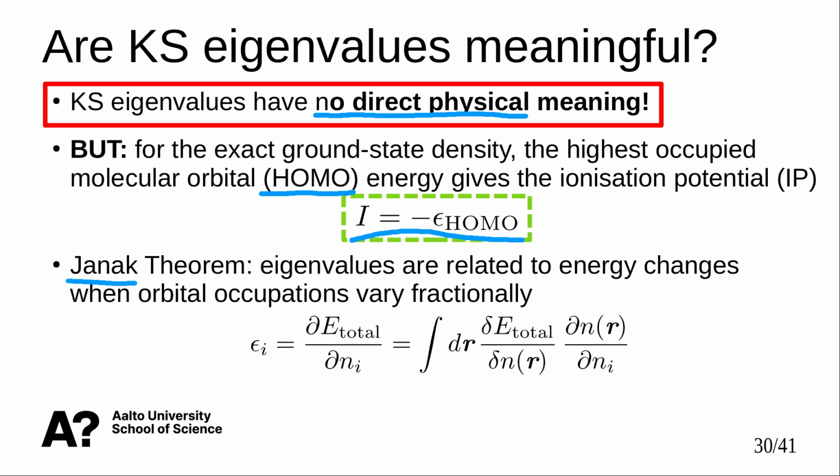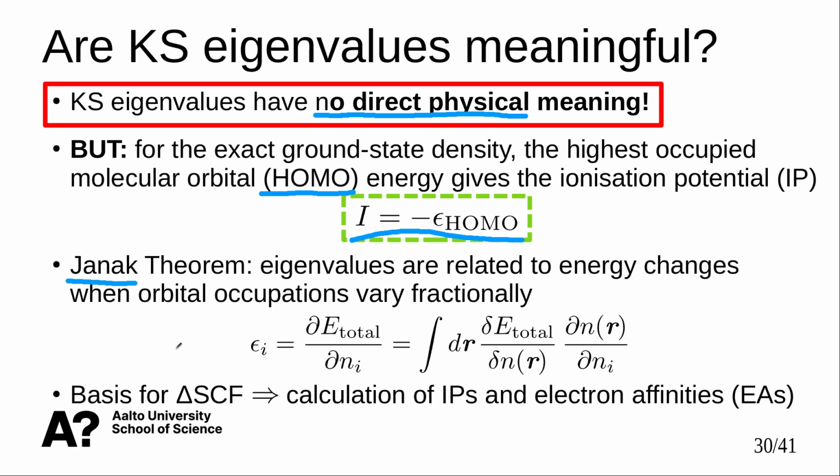What that means is that we can get meaningful information out of the eigenvalues if we vary the occupation slightly, by adding or removing an electron. And Janak's theorem basically builds the basis for an approach called delta SCF, in which we can calculate the ionization potentials as well as electron affinities in the case we don't have the exact true ground state density.